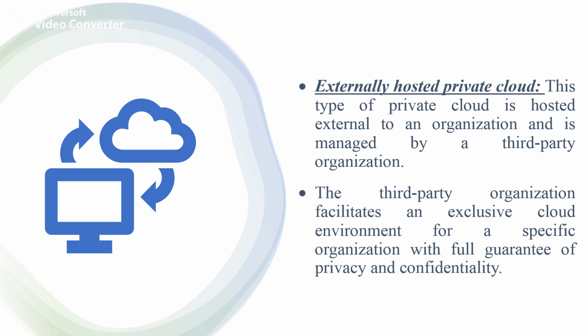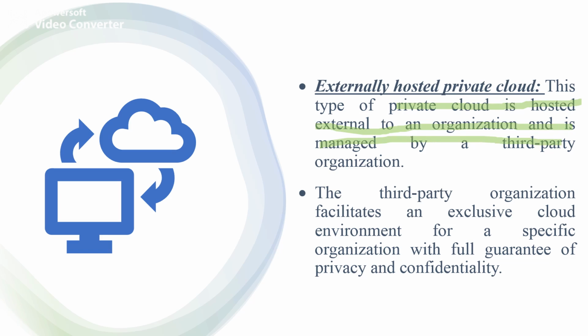The second one is the externally hosted private cloud. In the previous case, we considered the on-premise, or internally hosted, private cloud. This type of private cloud is hosted external to an organization and is managed by a third-party organization.